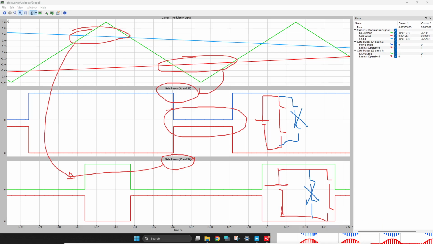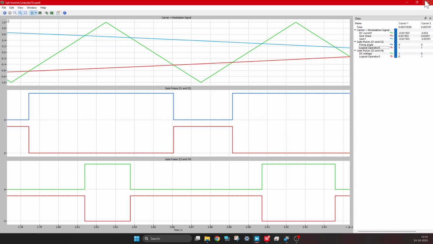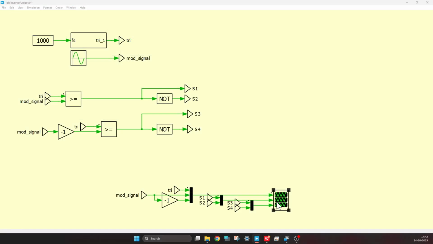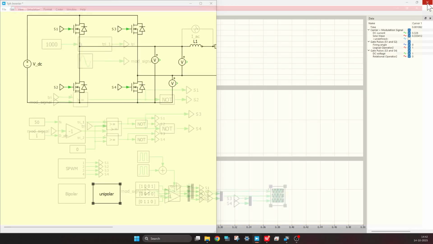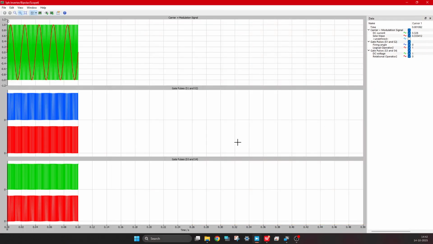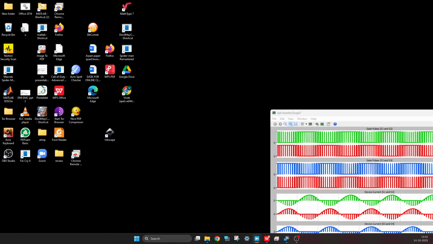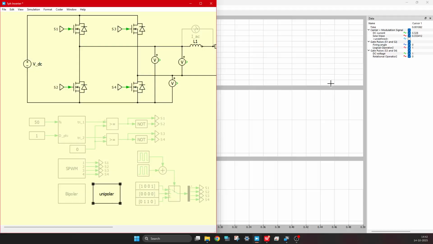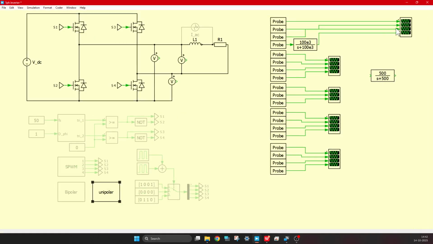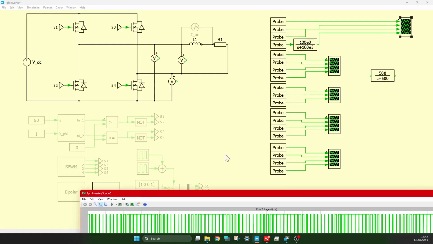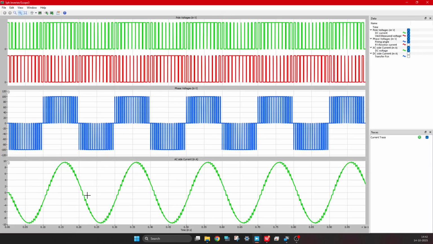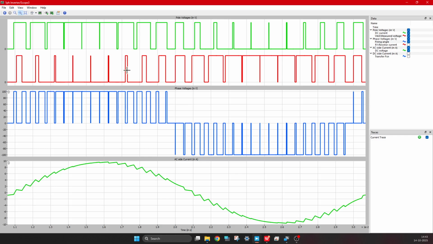Okay, now let me go back to the simulation, and in the simulation we will show you how the current waveform looks. As you can see, the current waveform is really nice, and it has lots of improvement over the bipolar PWM.